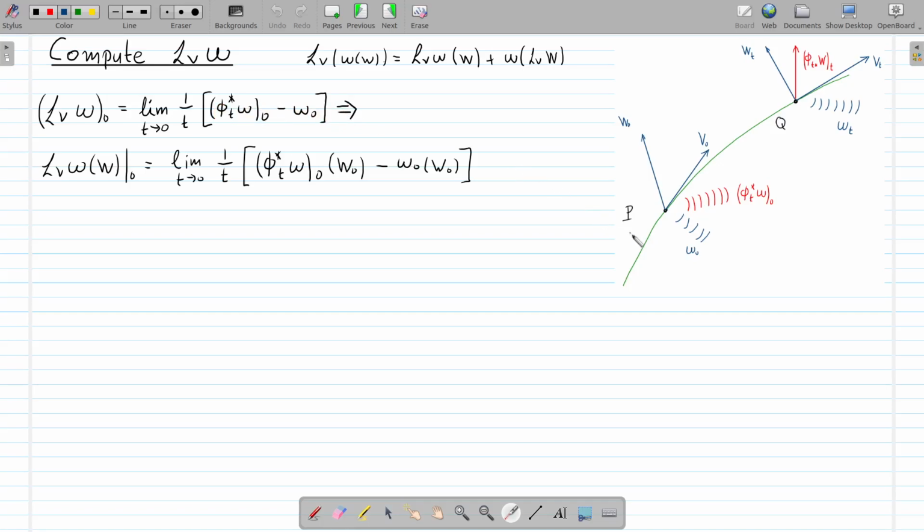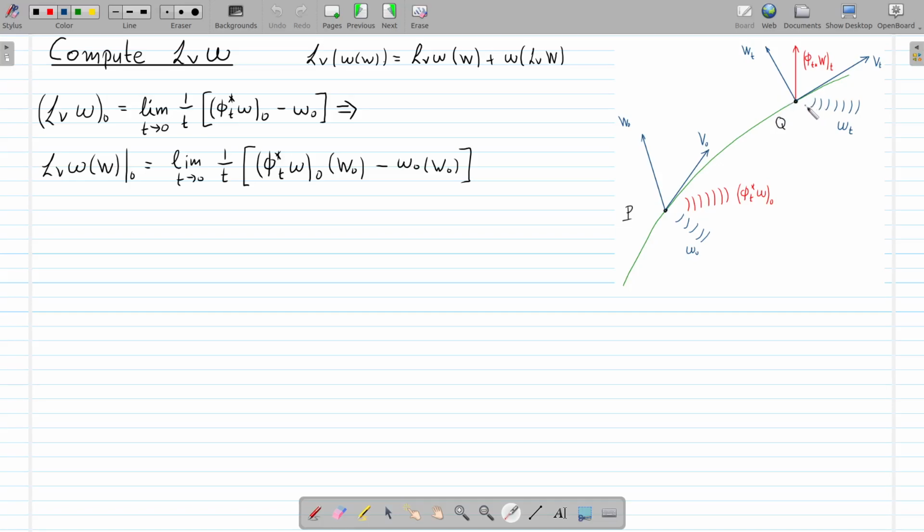What we actually have to do is to consider again the one-parameter family of diffeomorphisms defined by the integral curves of the vector field v, under which the point P is mapped to the point Q. Then we can use pullbacks to move, let's say, the vector Wt, which is the value of the vector field W at the point Q, back to the point P, or vice versa.